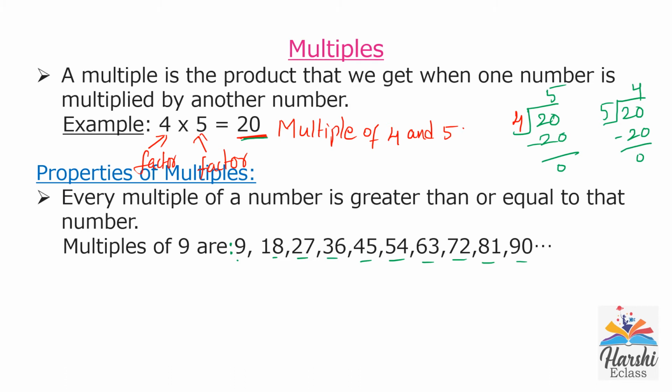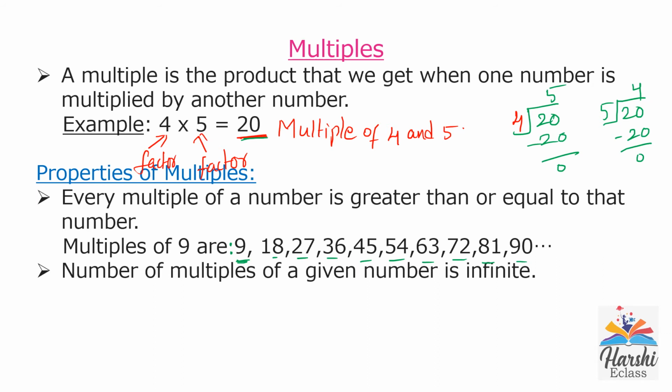The multiples of 9 start from 9, which is the number itself. If you check the other multiples of 9, they are greater than 9 only. It shows that a multiple of a number is either equal to the number or greater than that number. Next property, the number of multiples of a given number is infinite, uncountable.